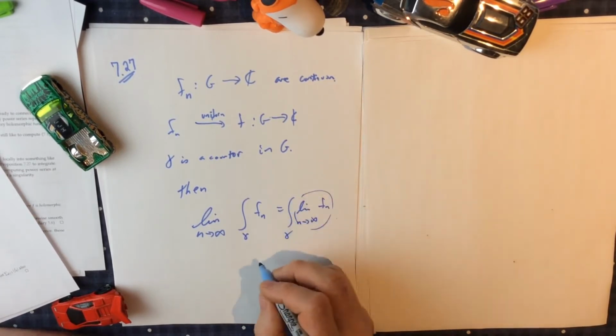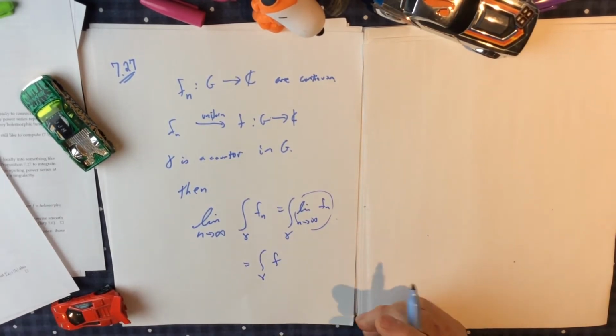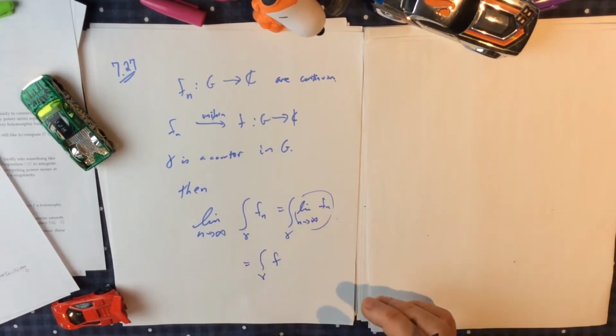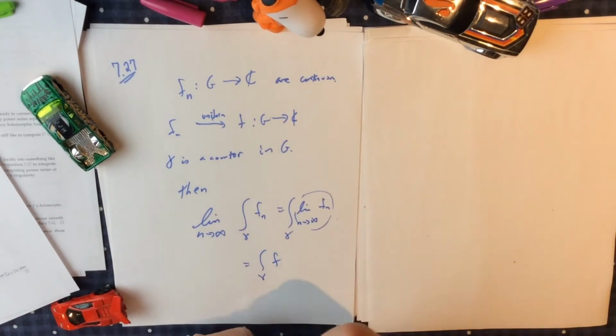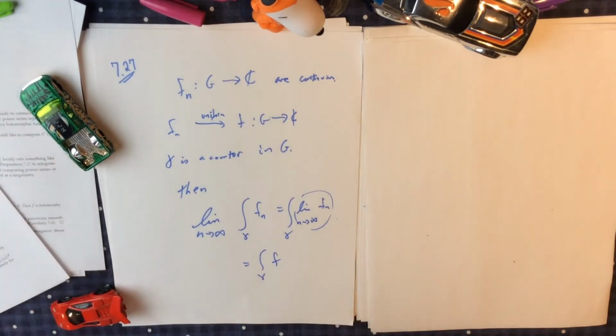The limit of these integrals is the integral of the limit, F. So the first theorem is that when you have a uniform convergence of functions getting close to something else, then limits and integrals are interchangeable.